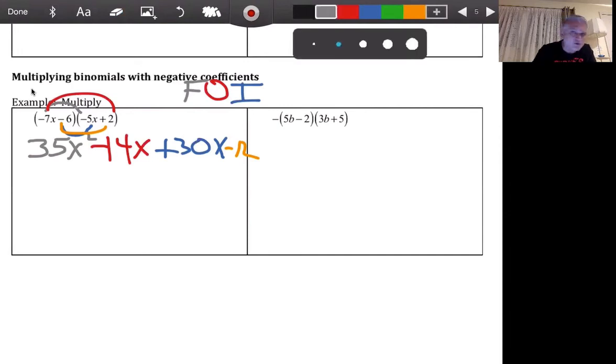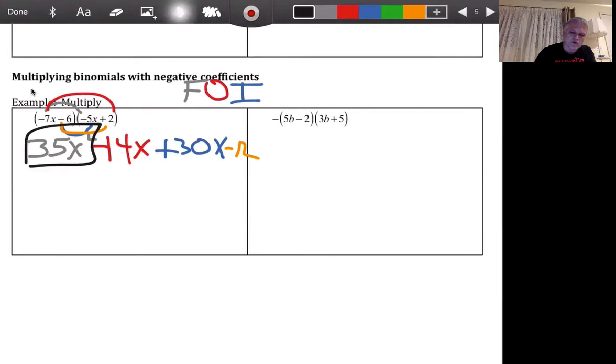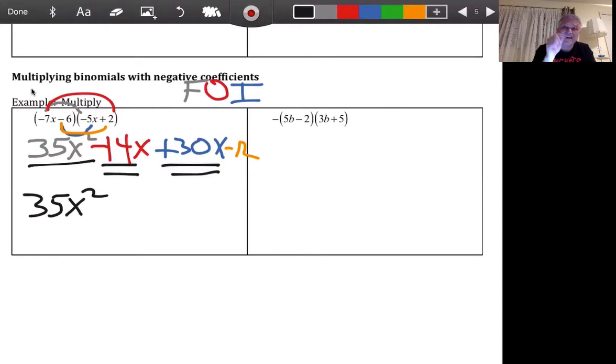Okay. It's the same steps we've been doing ever since the beginning, okay, ever since last notes, day 2. So let's take 35x squared. Okay, there is an x squared. There are no other x squareds here. We bring it down. So now we've got 2 terms that have x to the first, and that's only x to the first as a variable. So we've got negative 14x, and we've got plus 30x.